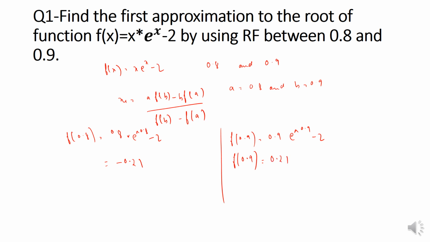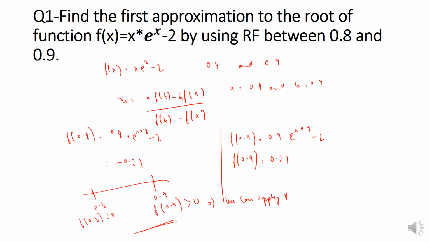So on the number line, this is 0.8 and this is 0.9. f of 0.8 is negative and f of 0.9 is positive, so we can apply the RF method to find x. Now let us see what is the answer to this question.